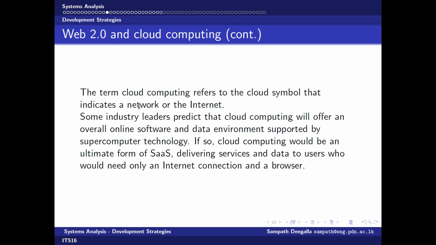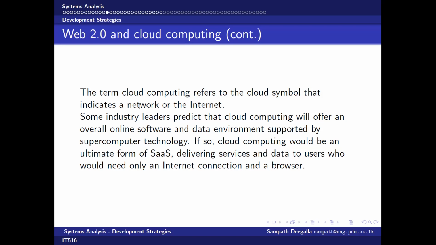Right. So when you talk about web version 2 with cloud computing, version 3 I will come to on the next slide. The term cloud computing, the symbol indicates a network, or the internet, and especially we use a browser and network connectivity to work with computers, with middleware, with our applications and data.